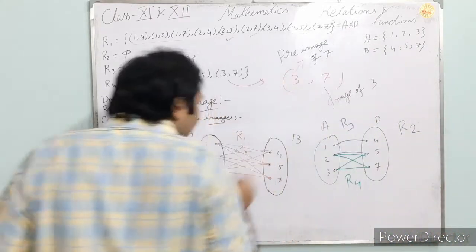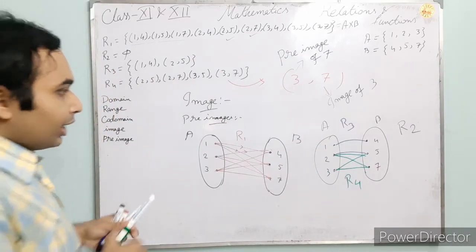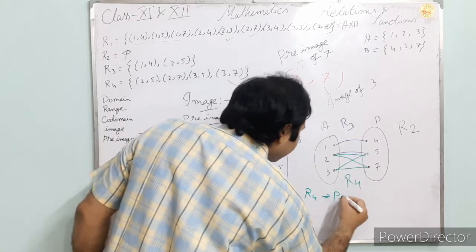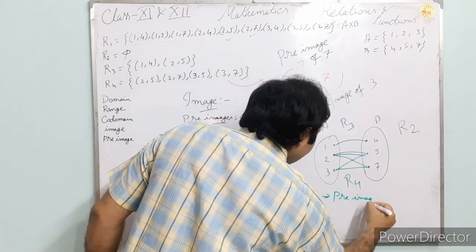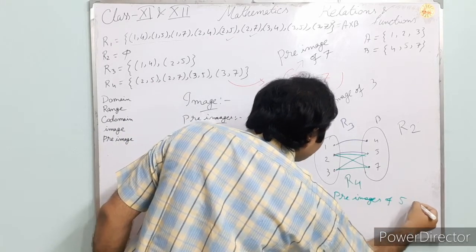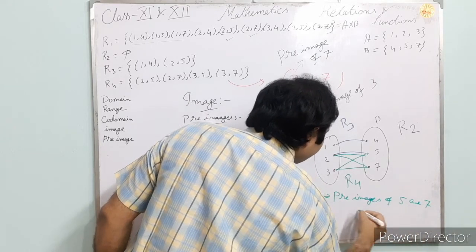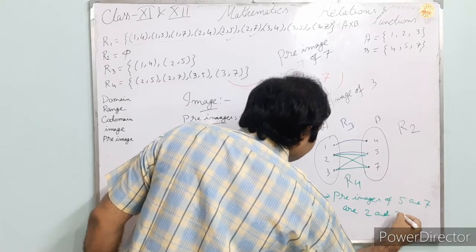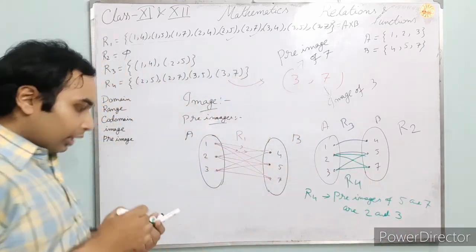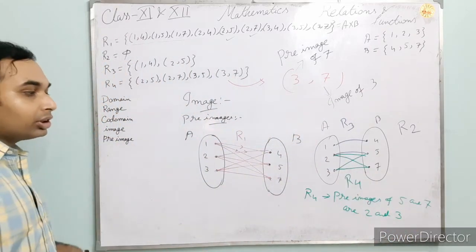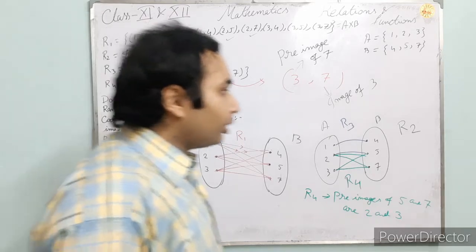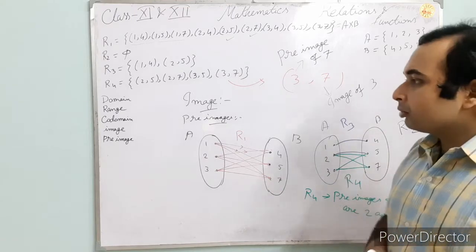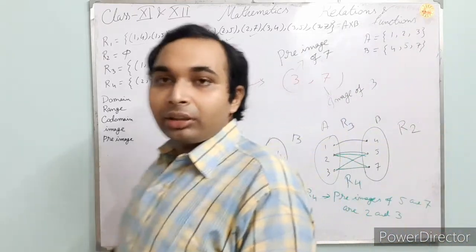So for R4, the pre-images of 5 and 7 are 2 and 3, and reversely, the images of 2 and 3 are 5 and 7 respectively. Those are some discussions about images and pre-images.